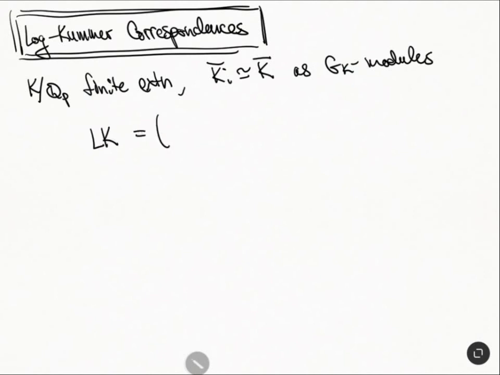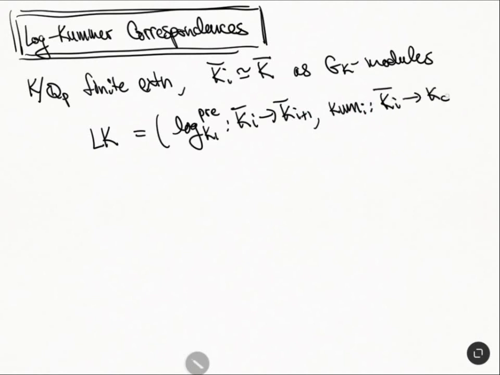It's going to omit all the monoids, you can think of all the monoids as being the identity. We're going to have a bunch of log links between all of the fields, and the maps here are going to be the Kummer maps, the Mochizuki-Kummer maps, between this and the core.